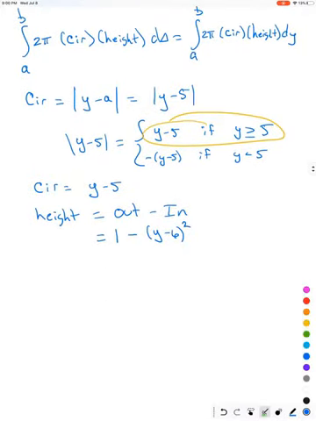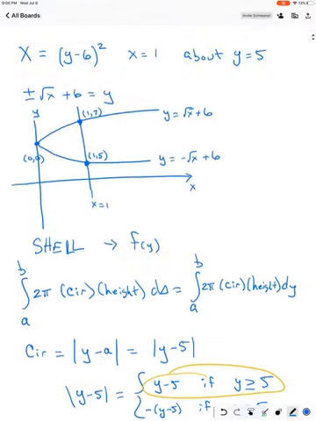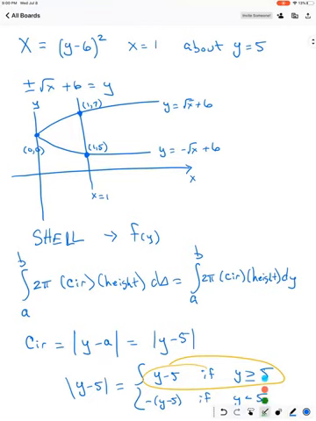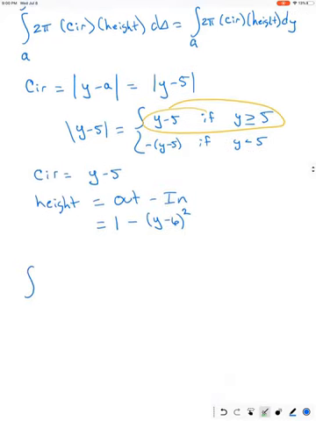So that is all I need to set up my integral. I'm going to integrate from a to b. Well, what's my a and my b? I'm going to go from 5 to 7 if I'm going in the direction of y. So from 5 to 7.